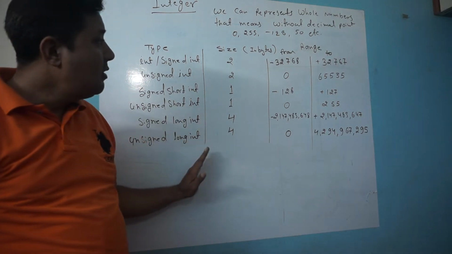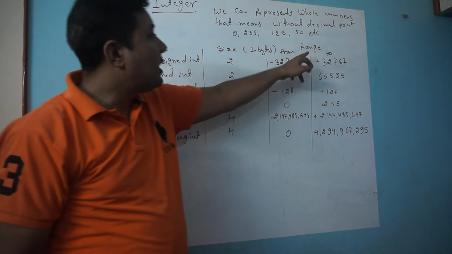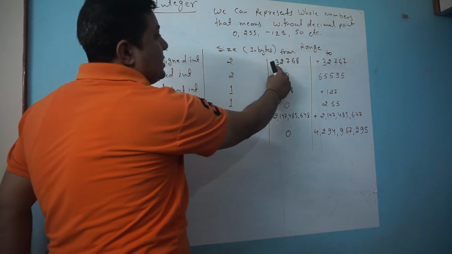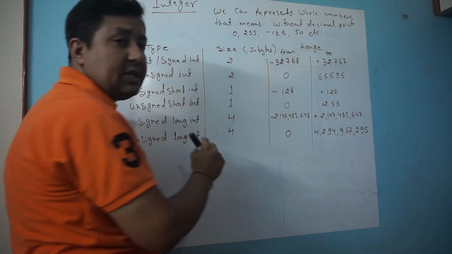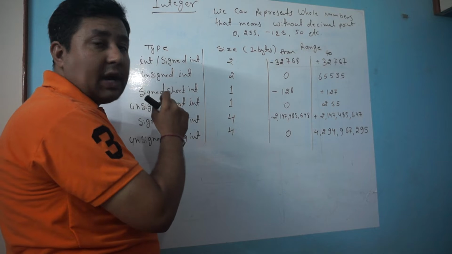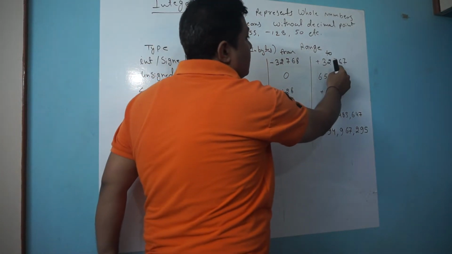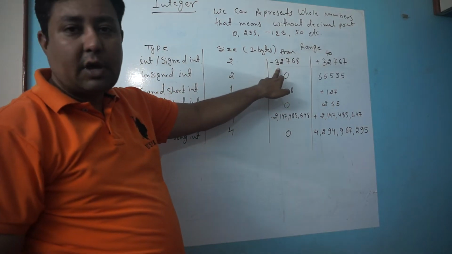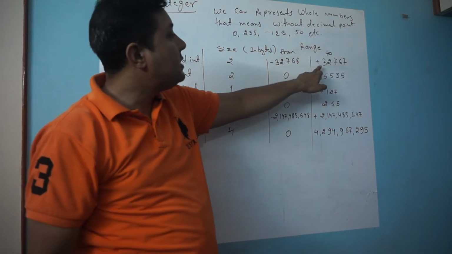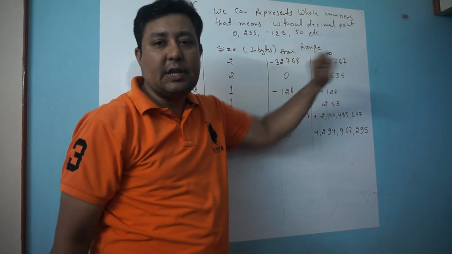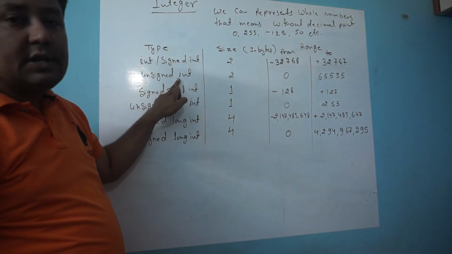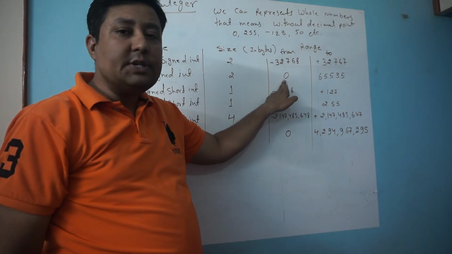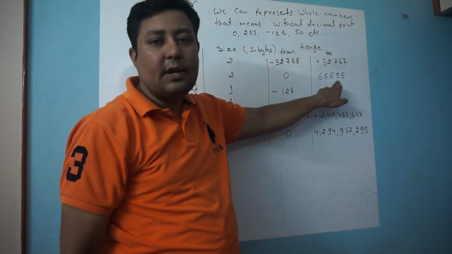Now when we are talking about the range they can express, integer can express minimum minus 32,768 and maximum 32,767 in positive numbers. Whereas unsigned integer takes 2 bytes and starts from 0, that means minimum we can represent 0 to 65,535.